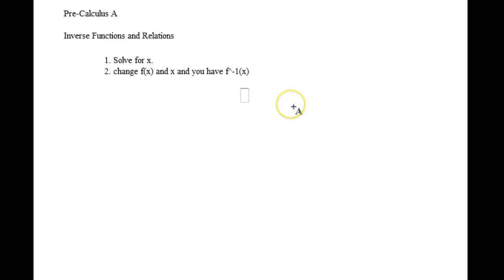Now if you wanted to check it, check it by doing compositions.